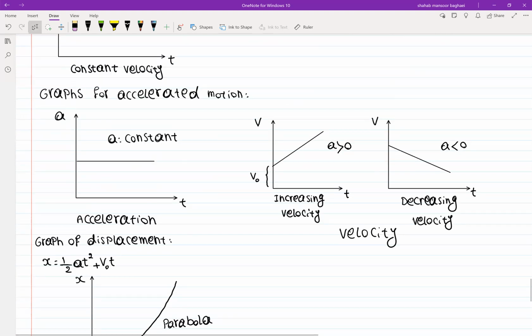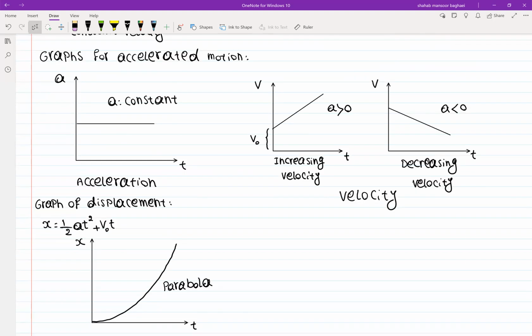Now, let me have a quick review. If you have accelerated motion, the graph of acceleration versus time is here. It is a horizontal line because it is constant. Therefore, this is your graph of acceleration.